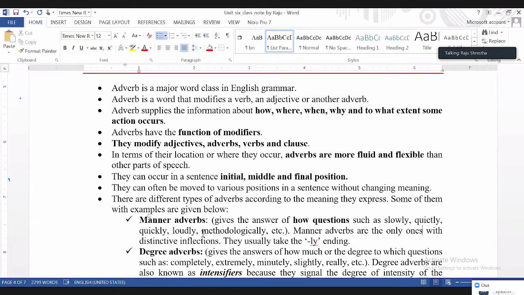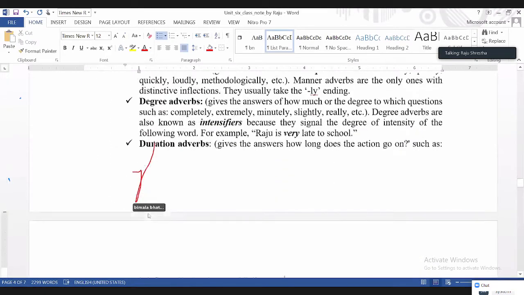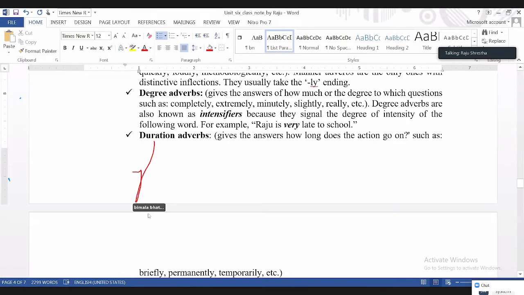Manner adverbs are the only ones with distinctive inflections. They usually take the ly ending, you know this. And then in degree, intensifiers come, like really, minutely, slightly, extremely, completely, very. So these are degree adverbs. They are intensifiers.